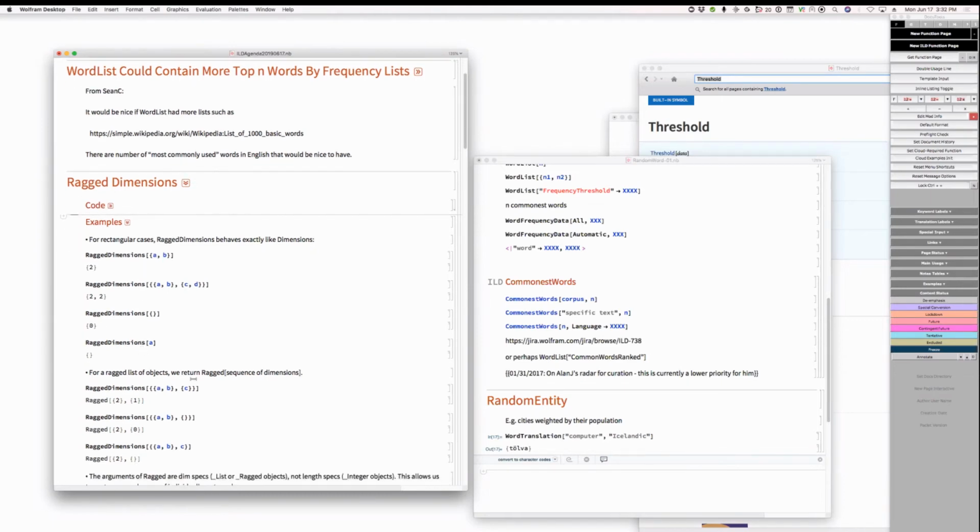Okay, so now this is the first case where it rags out, so to speak. Exactly. So it just reports the dimensions of the things it has inside. It's a list of 2 elements. The first one is a length 2 list. The second one is a length 1 list. I see. So you can nest these things. So if I ragify, for example, let's imagine that I ragify here. Yep.